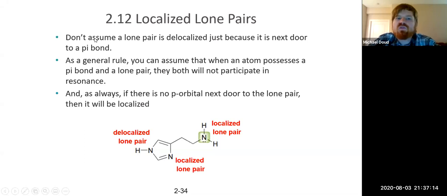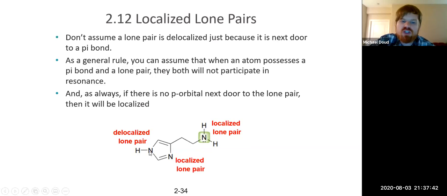So again, that is what we mean here at the very end. We're talking about section 12 of chapter 2. We can't assume that a lone pair is delocalized just because it's next to a pi bond. We also have to make sure that if that atom is already participating in a pi bond, then it cannot be involved in a resonance structure.